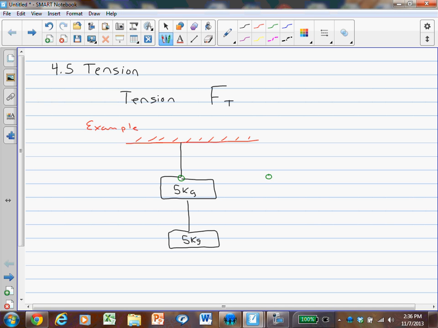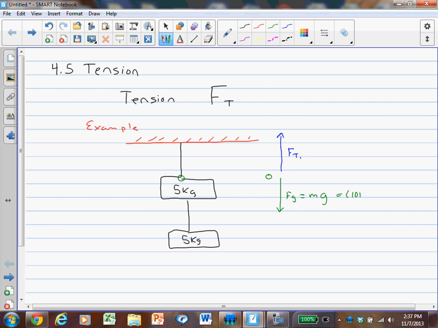Well, we would have a weight force down. Remember, we call those Fg. And then we'd have the tension upward. We'll call that Ft1. Okay? Now, what is the weight force? Well, it's equal to mg, right? The mass times acceleration due to gravity. And the total mass hanging below that, at that point, is 10 kilograms, isn't it?